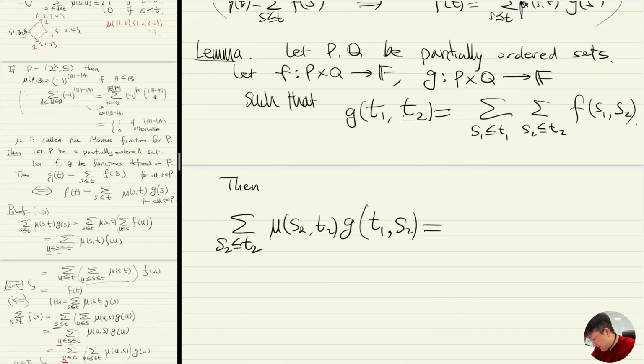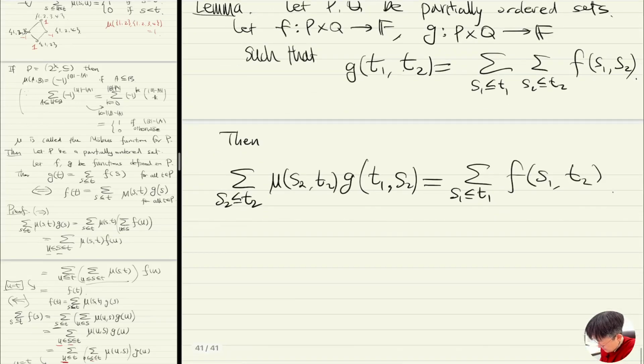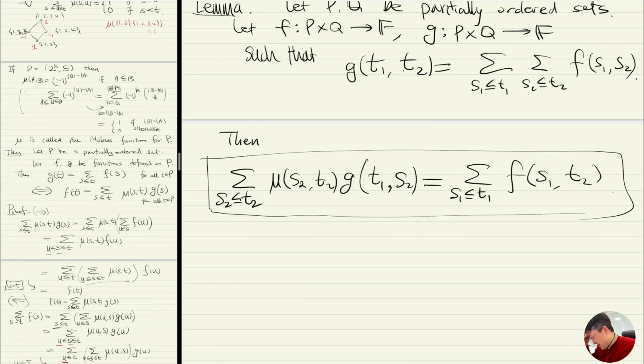So I'm applying the Mobius inversion only on the second coordinate, and this is equal to, for all S1 T1, f of T1 and T2. So this is kind of a slight generalization of the Mobius inversion formula.